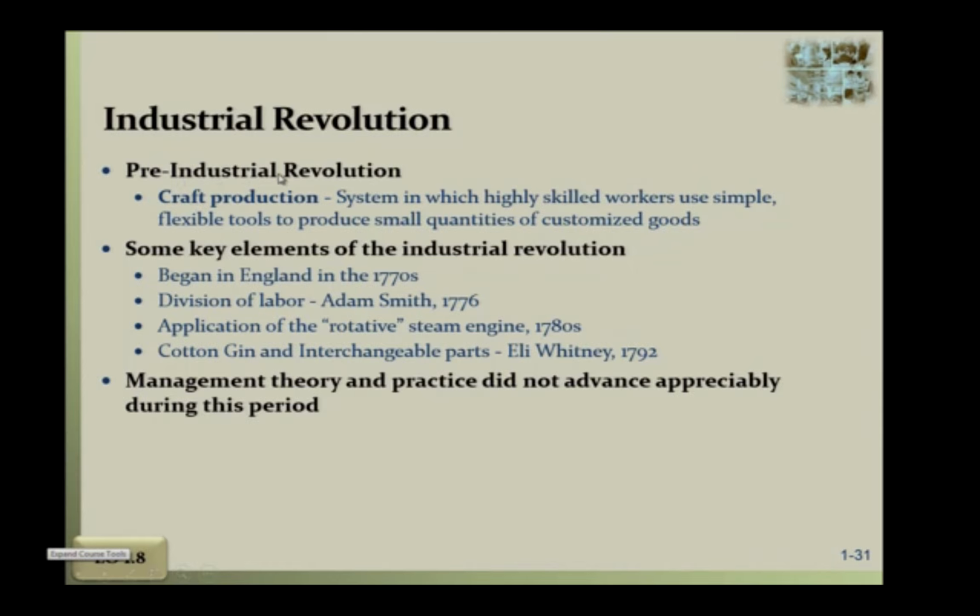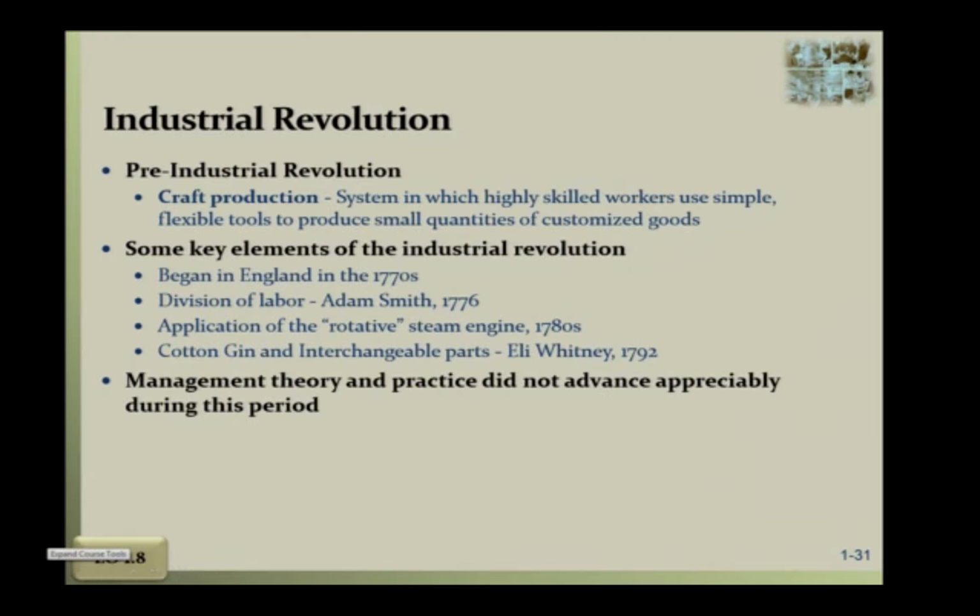If we go back to pre-industrial revolution, the age of craft production, the system was, this is like 1400, 1500 Europe. The workforce was mostly skilled workers. They used simple tools to produce small quantities of customized goods.